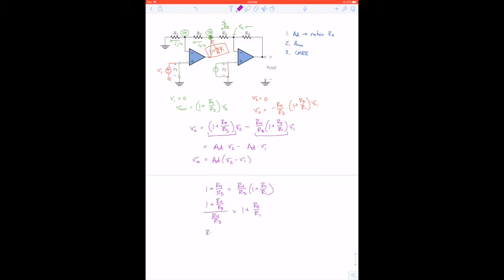So we have R3 over R4 plus 1 divided by 1 is equal to 1 plus R2 over R1. And so the ones will cancel out, and R2 over R1 should be equal to R3 over R4.